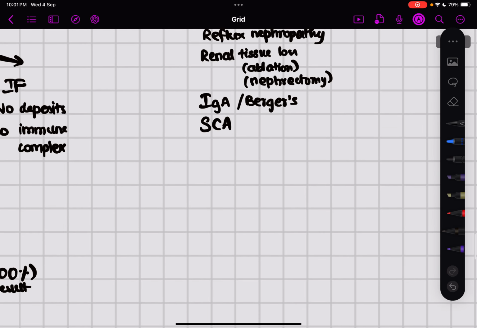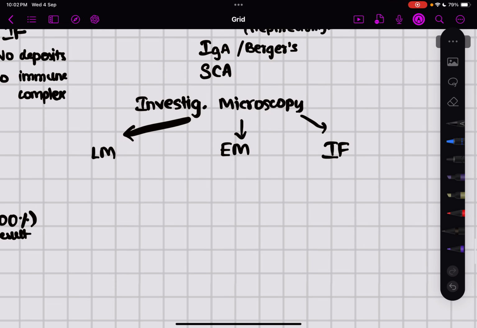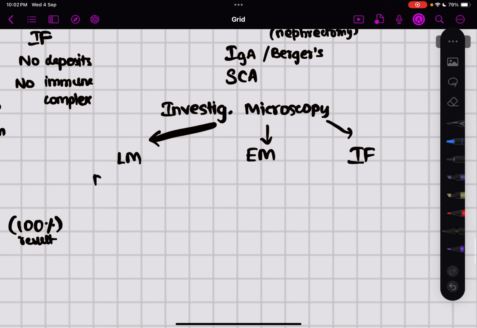Then comes investigations. Under investigations, microscopy. Under microscopy, light microscopy, electron microscopy and immunofluorescence. Under light microscopy, focal and segmental.